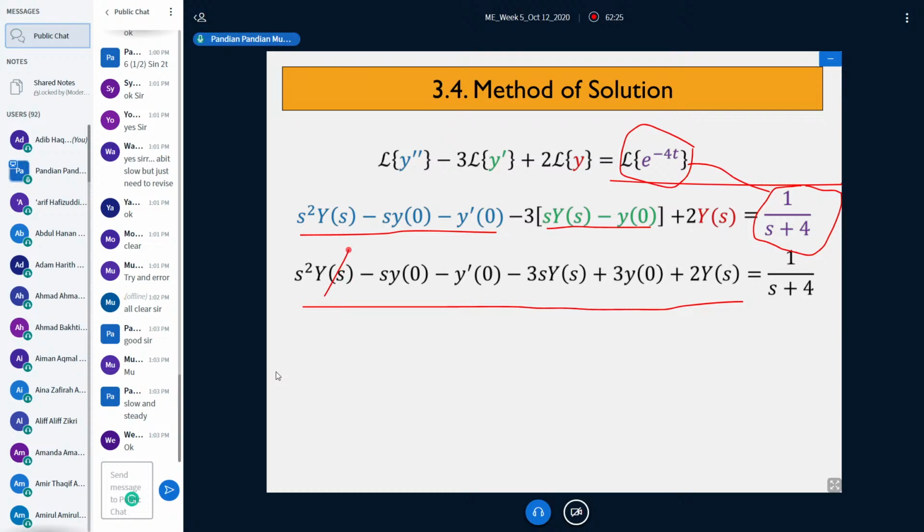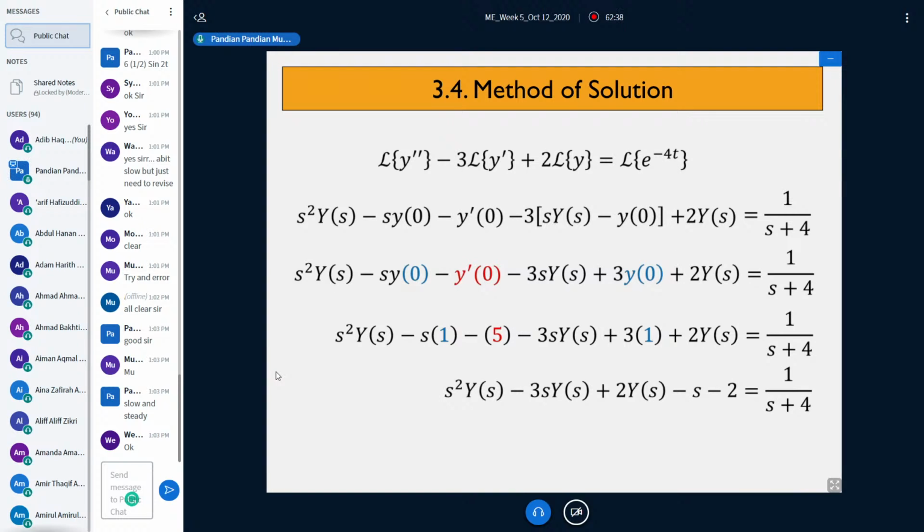Now this Y(s) you collect, and then this y(0), y'(0), you fill up the values. So what happens next, this one you have to do slowly.